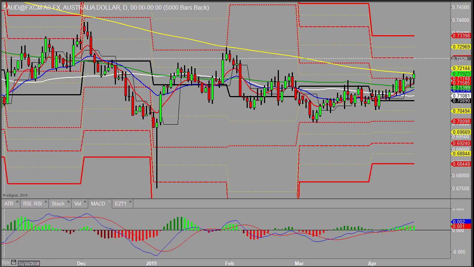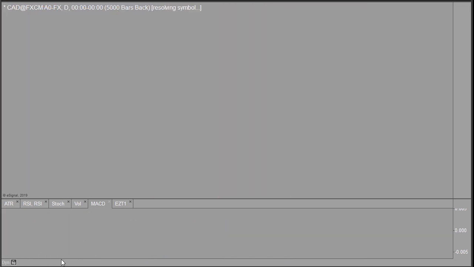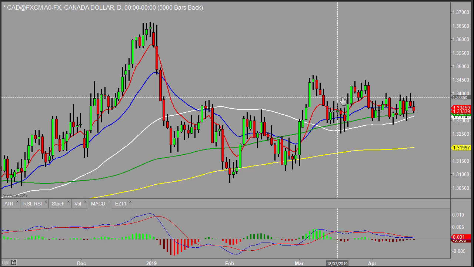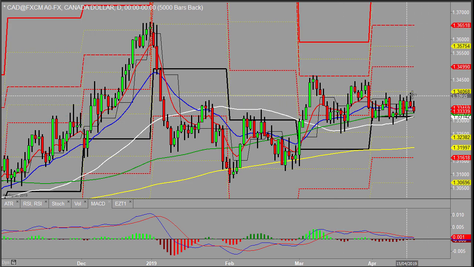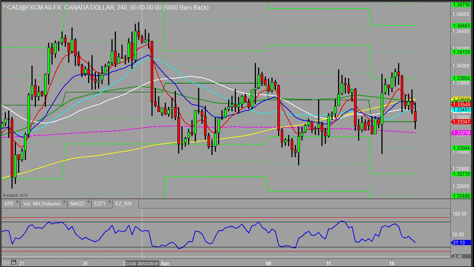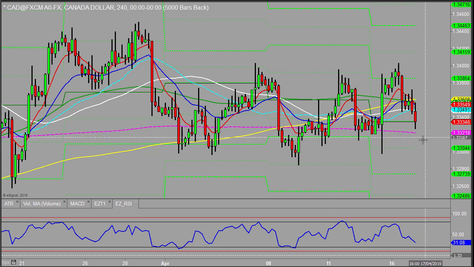Okay. Now Aussie dollar, Canadian dollar. Again, just consolidating here, like a lot of these markets. We're seeing it with the yen, we're seeing it with the Canadian dollar. We've seen a slight increase in a couple of markets there, but here it looks soft, and maybe we'll see this roll to the downside.